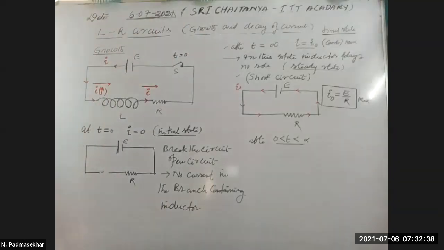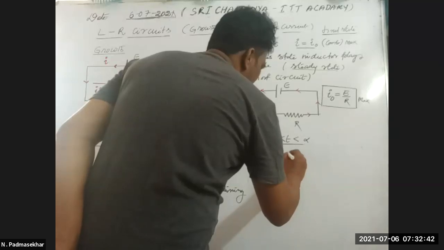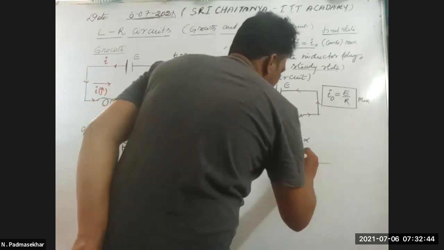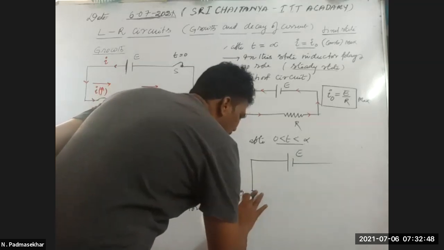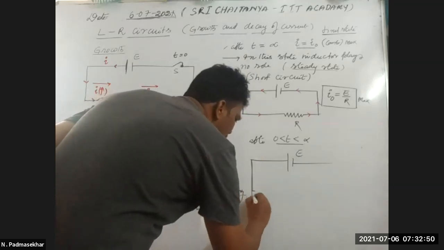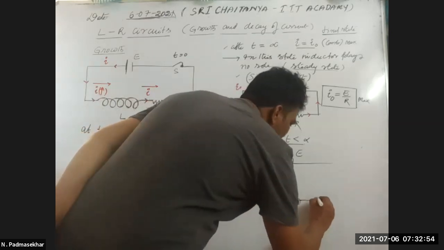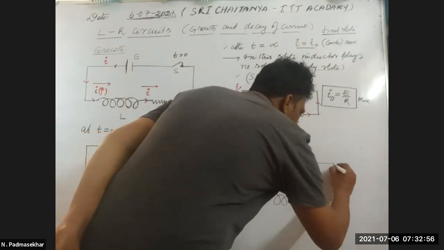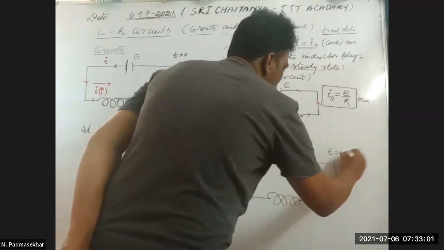So what is the circuit here? There is an EMF E, and there is an inductor, and here there is a resistance.